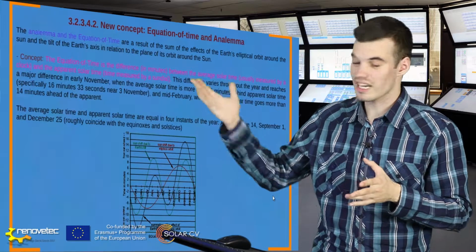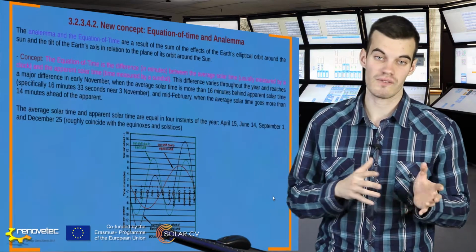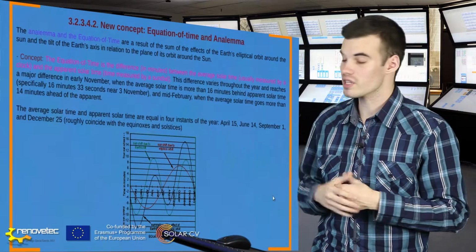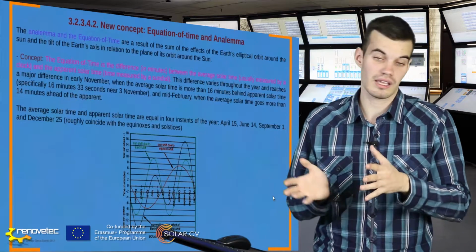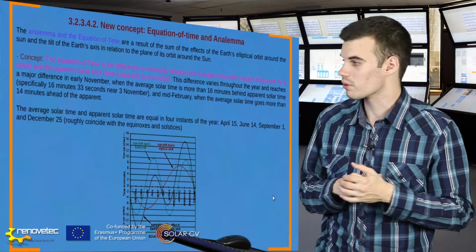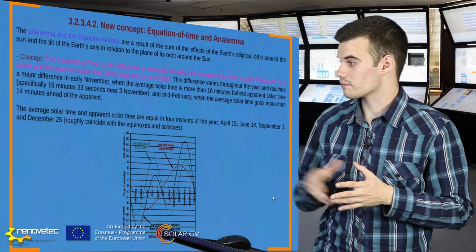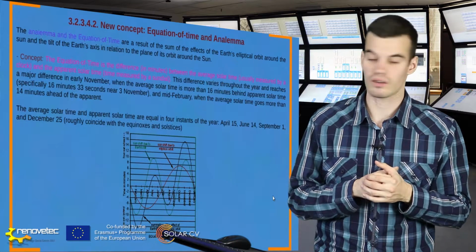So the analemma and the equation of time are the result of the sum of these effects. The equation of time is the difference in minutes between the average solar time, that is the hour measured by our mobile phone, for example, and the apparent solar time measured by a sundial, that is a solar clock.